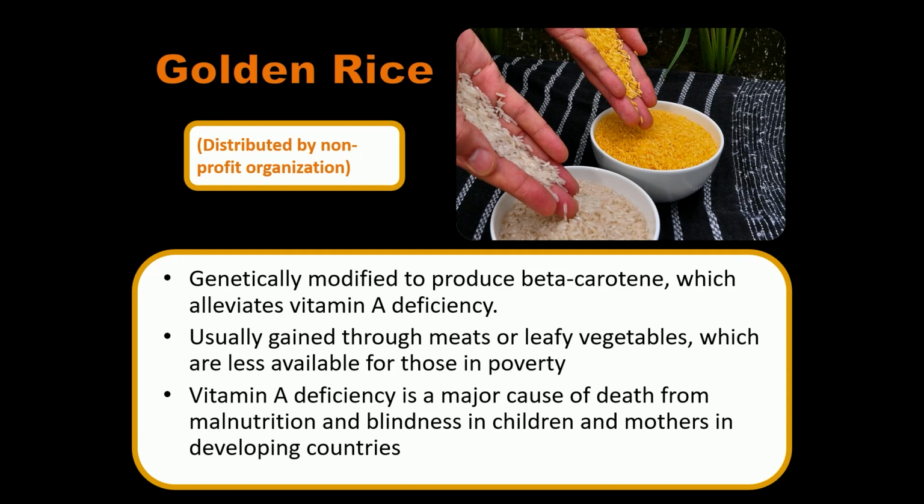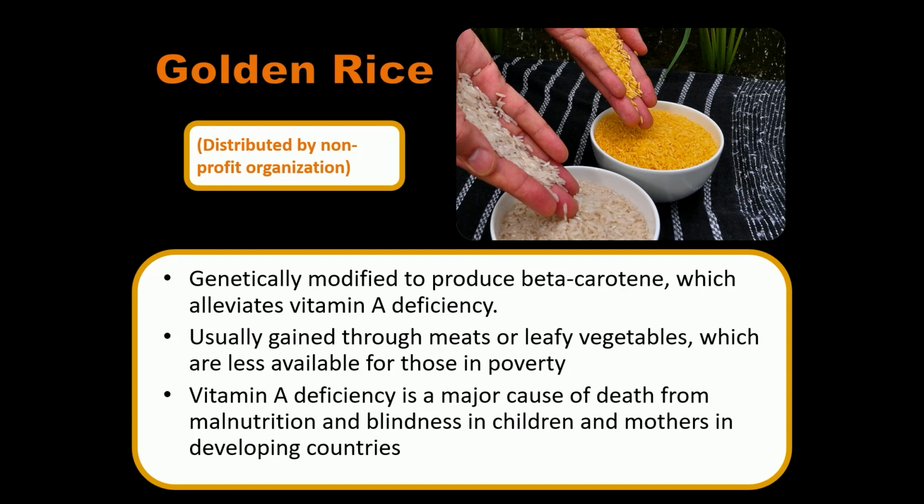They've added more and more nutrients to it, including beta carotene, which can then be metabolized by your body into vitamin A. Beta carotene is what gives carrots their orangey color. The rice itself turns this nice orangey golden color, so it's referred to as golden rice.